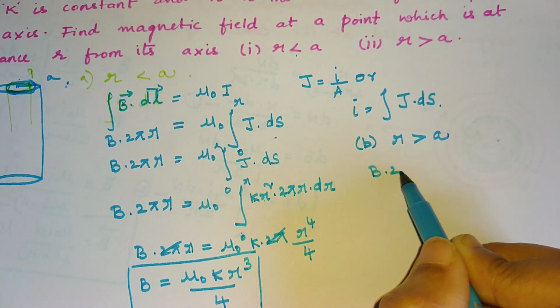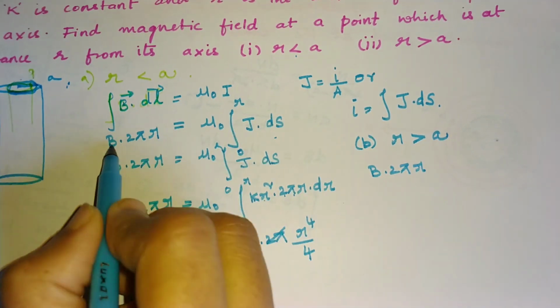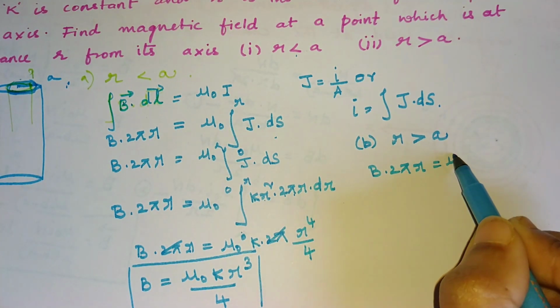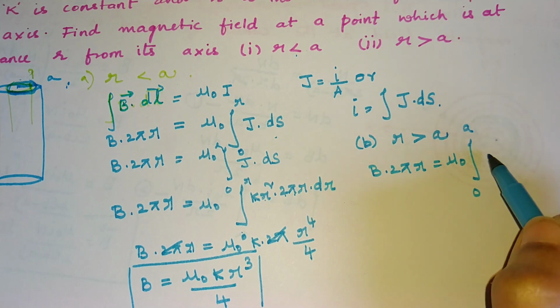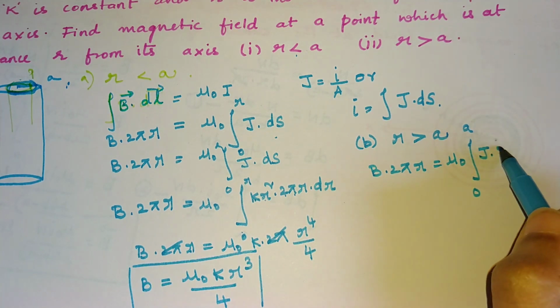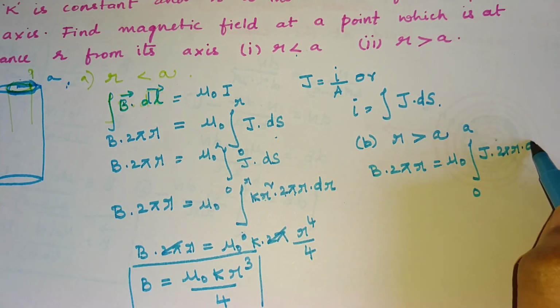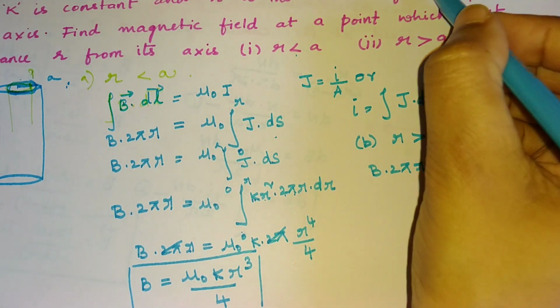B into 2 pi r, B dot dl, should be mu naught times integral 0 to A of J into ds. ds I am writing as 2 pi r into dr. Replace J as kr square.